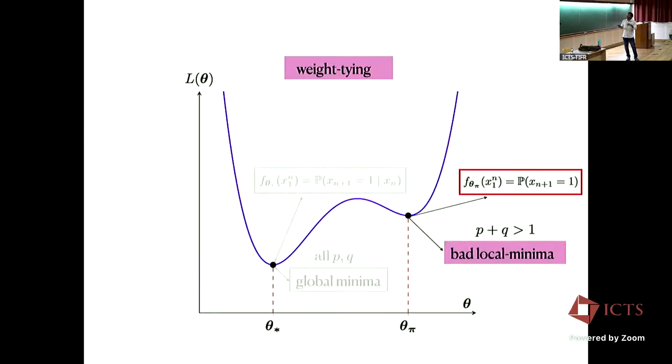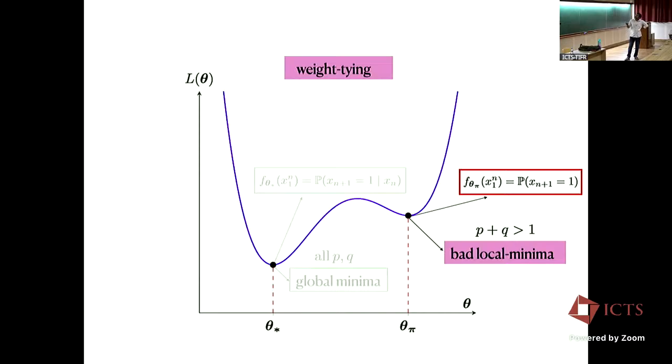It turns out that if your switching is greater than 1, you can mathematically show that there are some bad local minima on this loss surface, for which, if you look at the prediction, it's just the marginal, okay? So let's take a moment to parse this. The right-hand side is just some constant, right? It's a marginal probability.